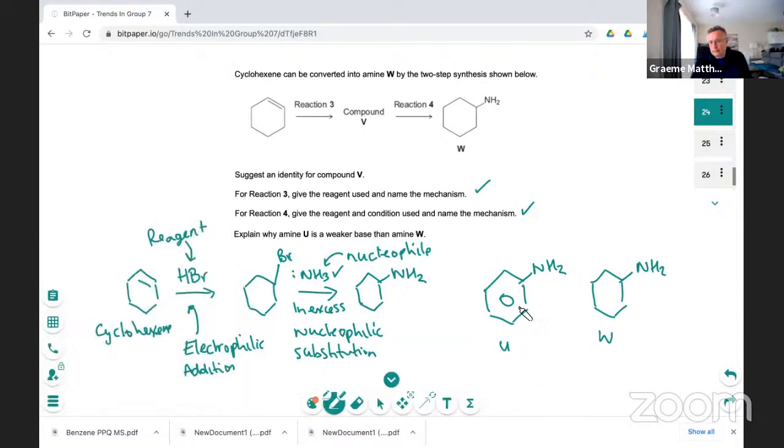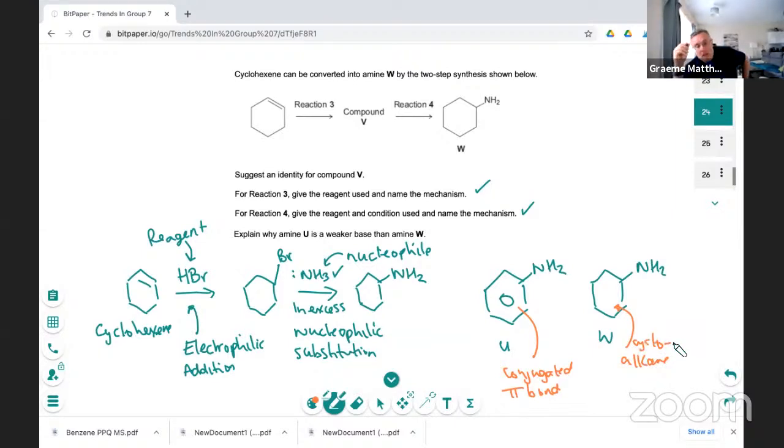This is a ring system, a conjugated pi bond, with delocalized electrons and p orbitals going around. And this other one is just a plain old garden variety cycloalkane.